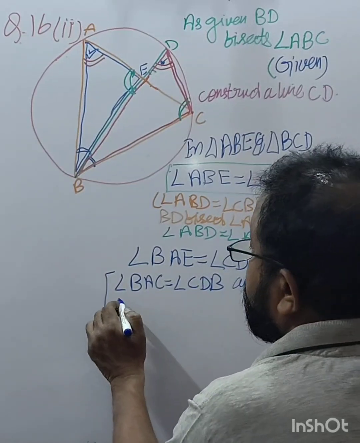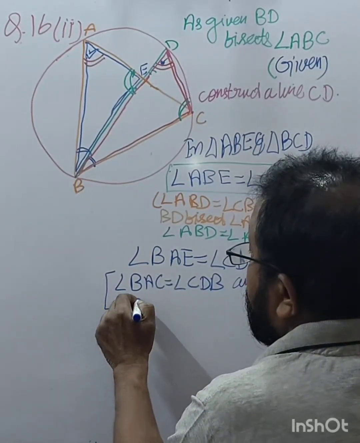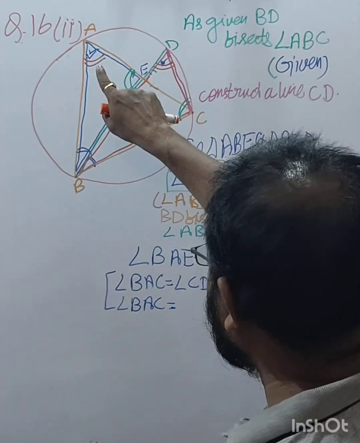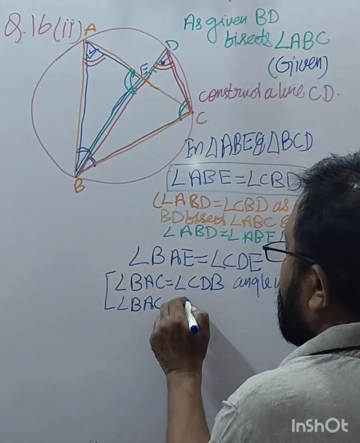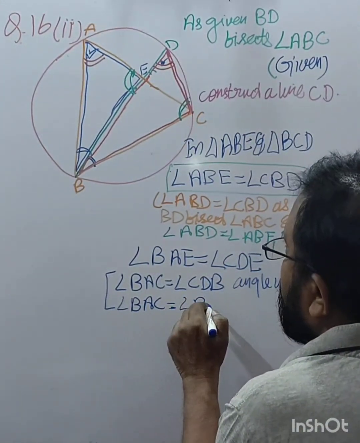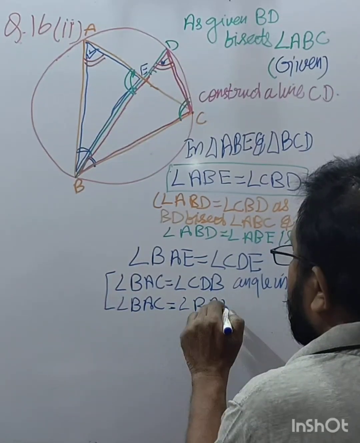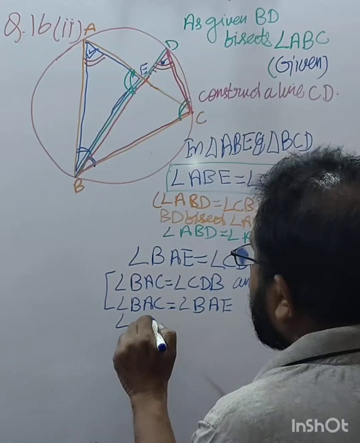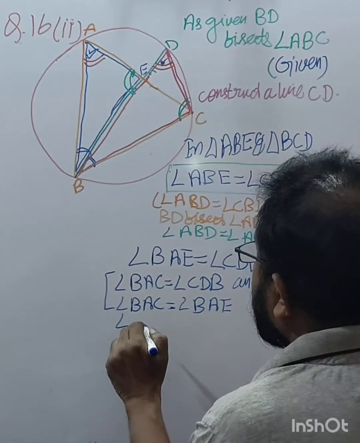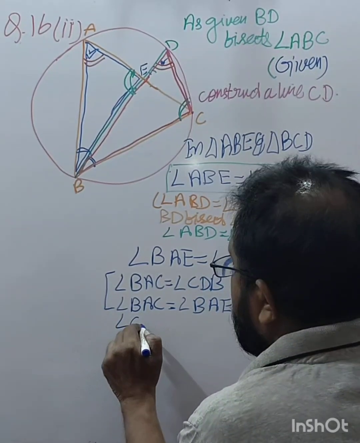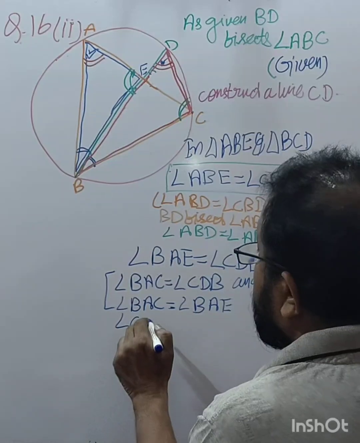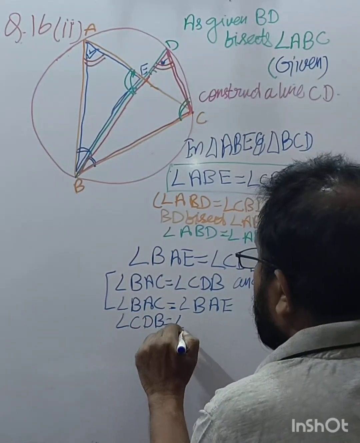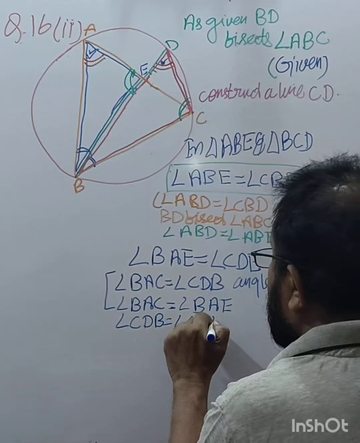Angle BAC is equal to angle BAE, and angle CDB is equal to angle CDE.